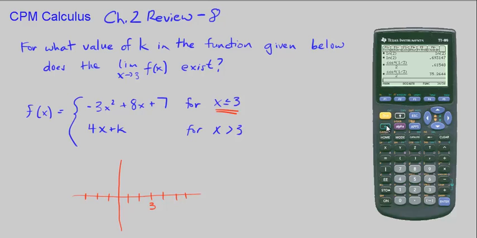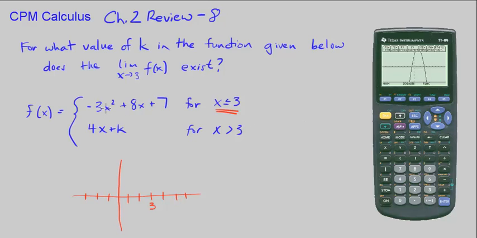So let's graph negative 3x squared plus 8x plus 7. Like I said earlier, we know it's a parabola going down. At x equal to 3, what's our value?